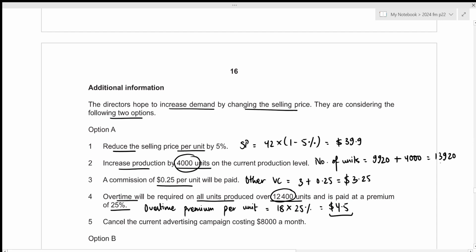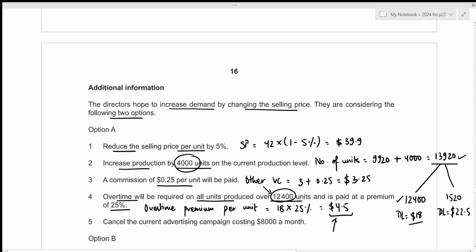In this case, we know that we are producing a total of 13,920 units. So out of this, for 12,400 units, we'll only be paying direct labor at its normal rate of 18. But for the remaining units, that's 13,920 minus 12,400, which is 1,520, we will be paying the direct labor at its normal rate as well as this overtime premium of 4.5. So that's going to be 18 plus 4.5, which is 22.5.